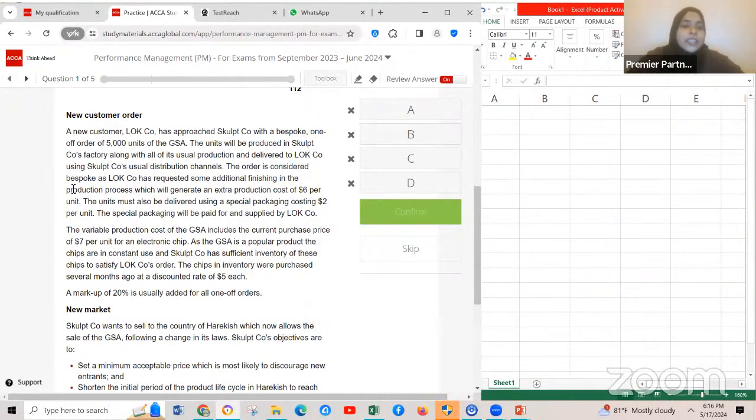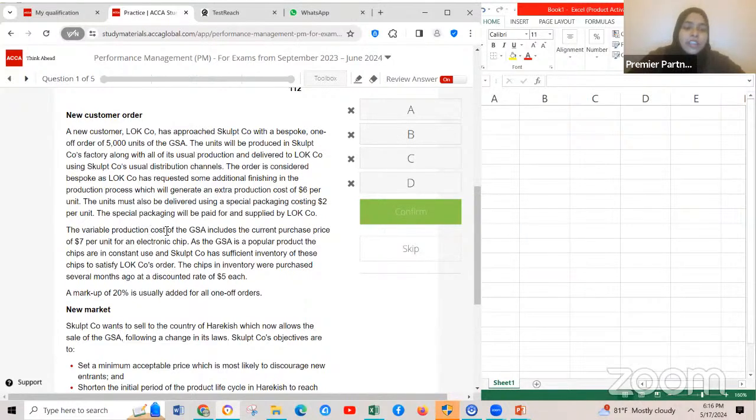The order is considered bespoke as LOK Co has requested some additional finishing in the production process, which will generate an extra production cost of $6 per unit. The units must also be delivered using a special packaging costing $2 per unit. The special packaging will be paid for and supplied by LOK Co.